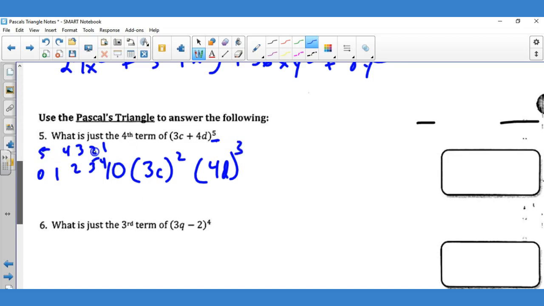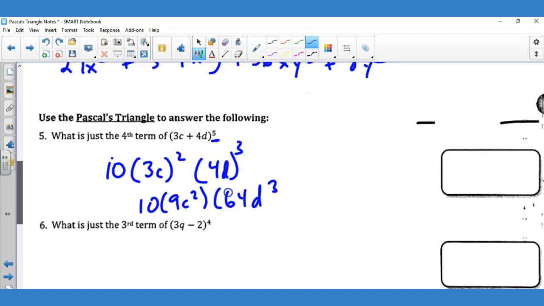All right, now remember these are how the exponents will go. Start with 5, go down to 1 for the first term, and start with 0 and go to 5 for the second term. So I got the wrong ones, guys. No, 3. This is good. Sorry about that. So now we will just evaluate it to get 10 times 9c squared times 4 cubed is 64 d cubed.